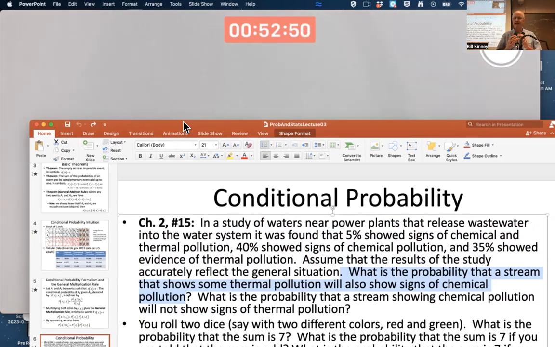So we're taking a stream and making some measurements, and we're assuming we know based on our measurements that this stream shows some signs of thermal pollution. It's warmer than it should be, for example. Based on that knowledge, what is the probability that we're also going to see signs of chemical pollution if we do a different kind of test for chemicals?